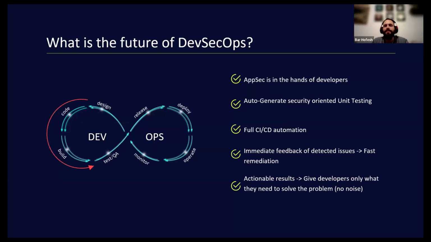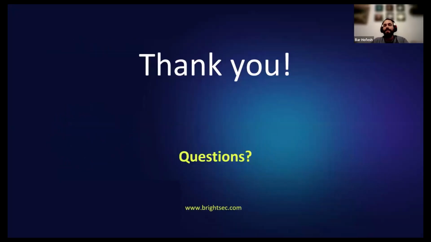So we need to make sure that each finding that we generate is actually going to be actionable. It's going to be true, right? So this is part of it. So as accurate as you can get with the tools, that will be perfect. And that's about it. Thank you.